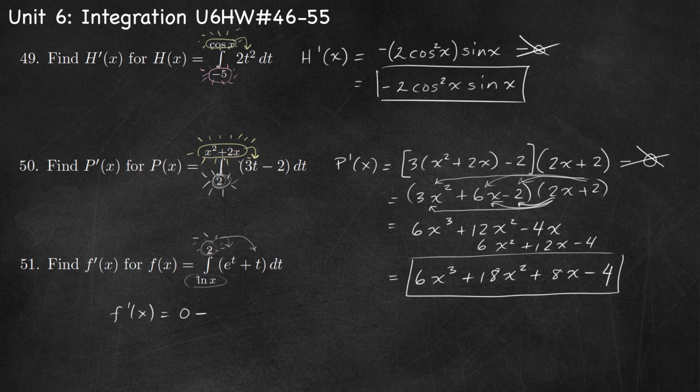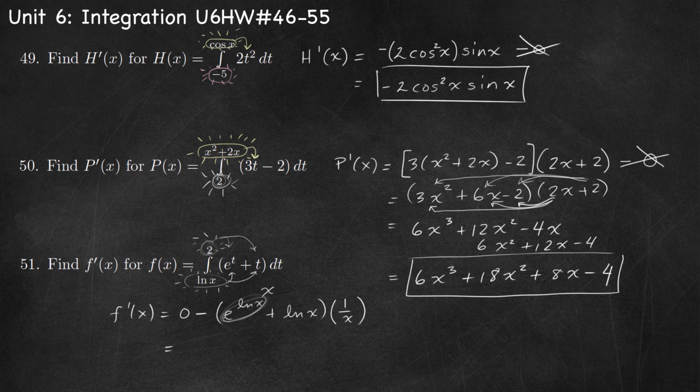I sub in my ln x in for each of these t's, and then I'm going to multiply by the derivative of ln x. So I get e to the ln x plus ln x, and that has to get multiplied by the derivative of ln x, which is 1 over x. Now e to the ln x is just x.